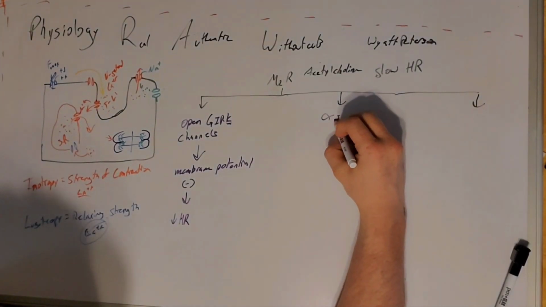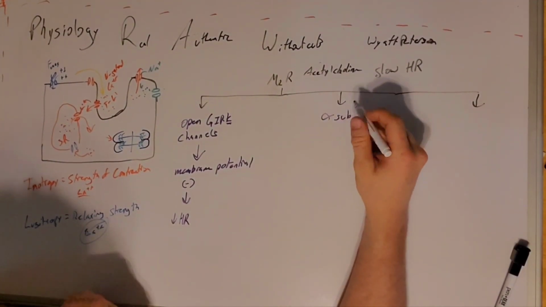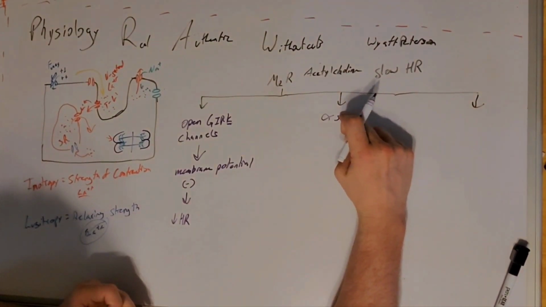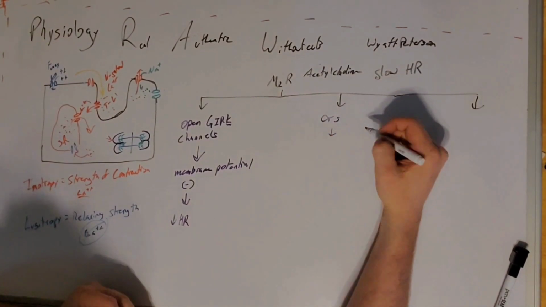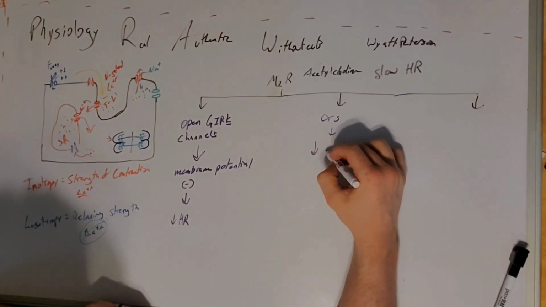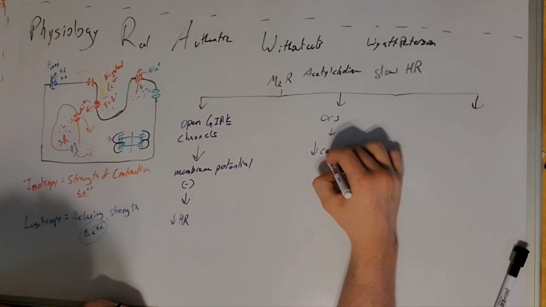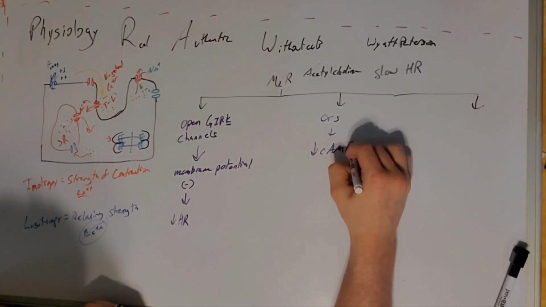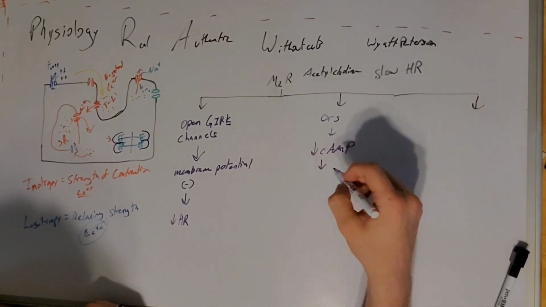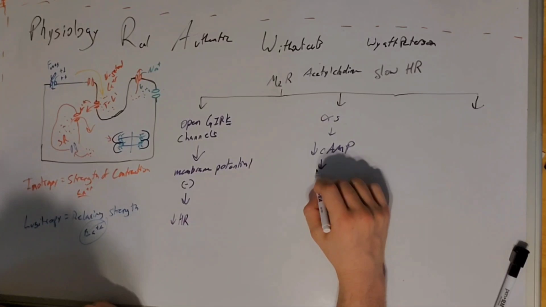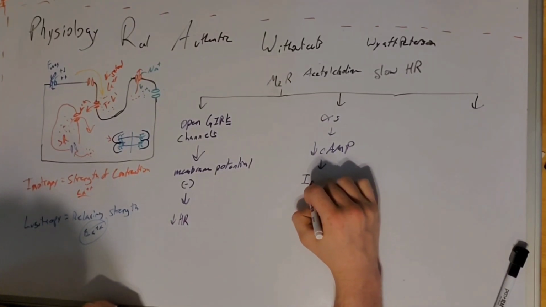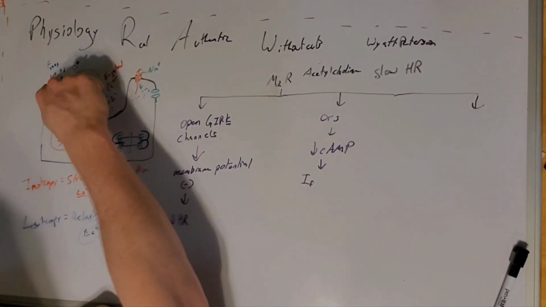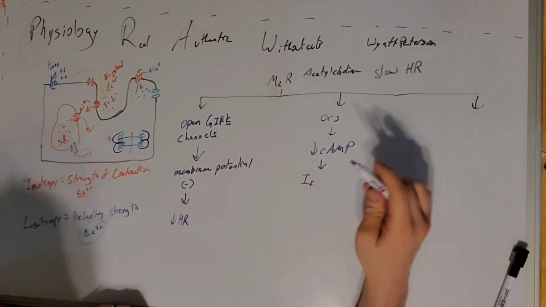And then it can also go the alpha subunit path. So it activates the alpha subunit, which then decreases cyclic AMP, which will decrease that funny channel.